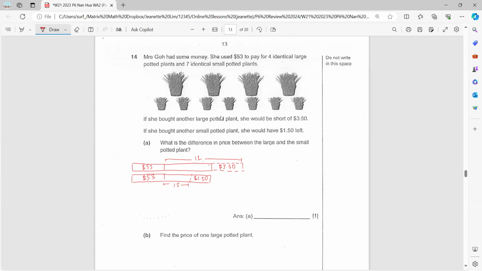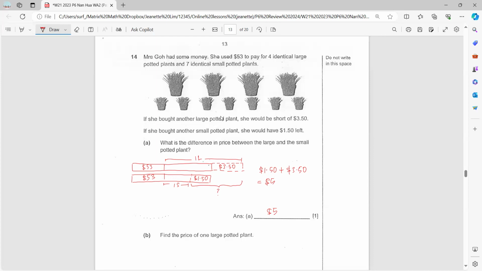So, okay, what's the difference between one large and one small? It's actually over here. Okay, so just add 150 plus 350. Difference is $5. Part B, find the price of one large potted plant.